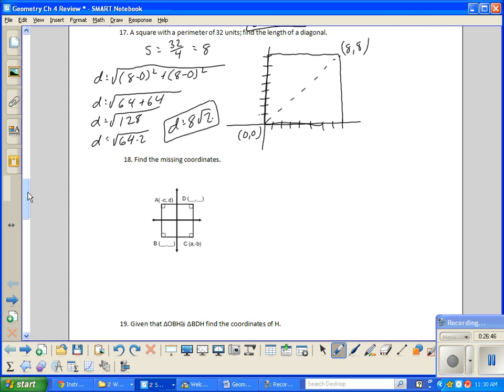Alright, then 18. We want to find the missing coordinates for D and B. And we got to base those coordinates off of the coordinates of the other corners that we have.